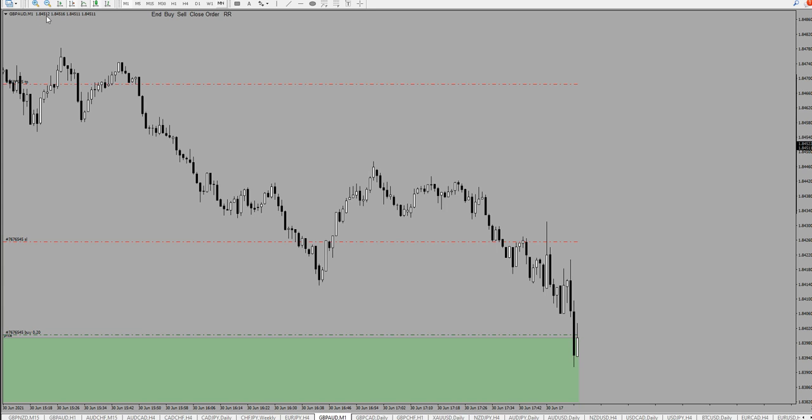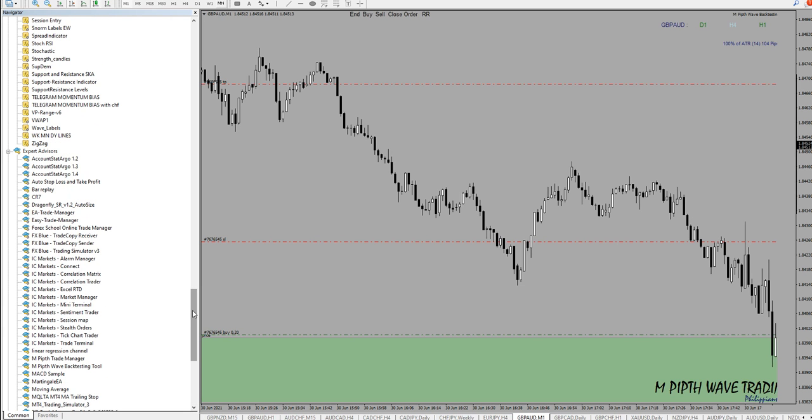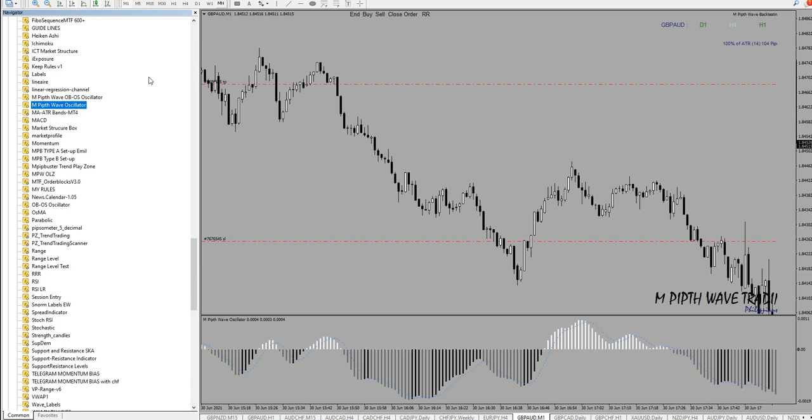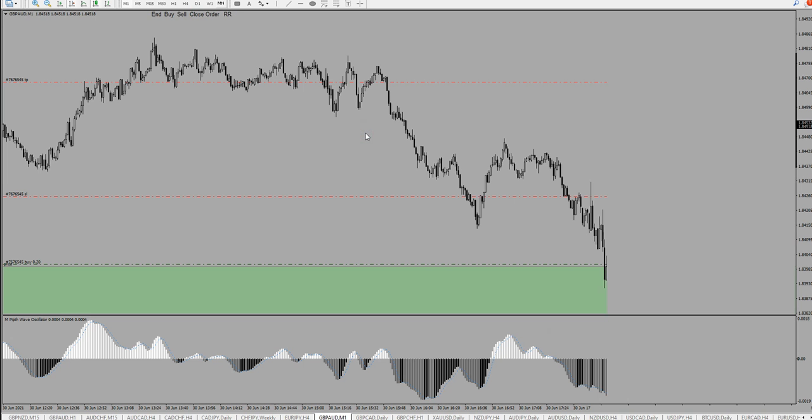So basically, in-identify natin dito yung ating market maker blueprint.